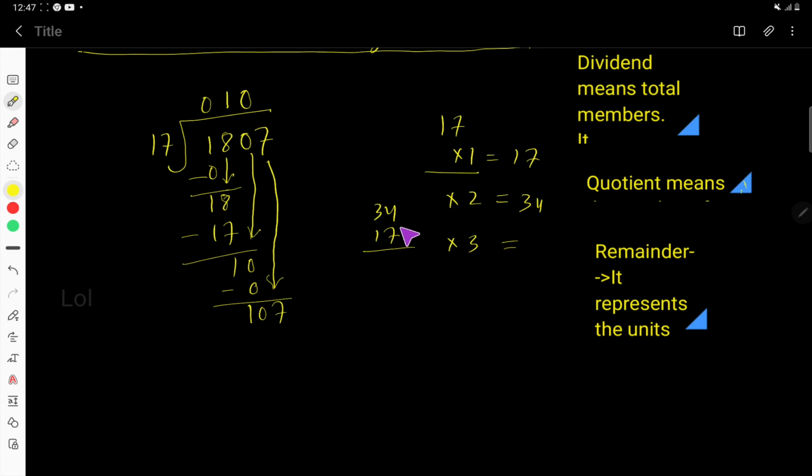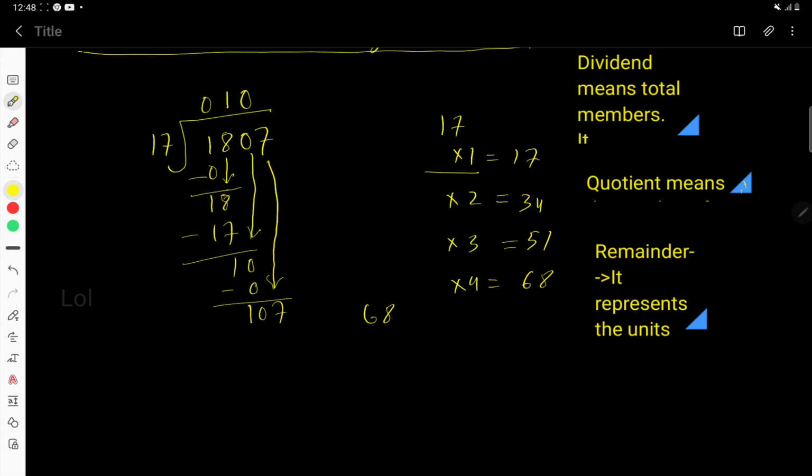So 7 plus 4, 11, 1, carry 1. 4, 5, 51. But here we have 107. So let us proceed. Then 4 times. Just add 17 with this 51. So what has happened? 8, 6, 68.